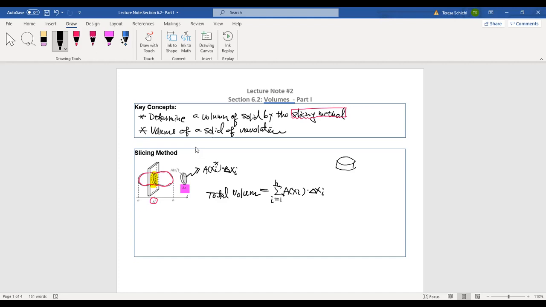So the limit of the sum. So we know if you take the limit of this sum, okay, that's why we can find the volume here. It is just like the Riemann sum concept when you cut the axis into very, very small pieces here, right?